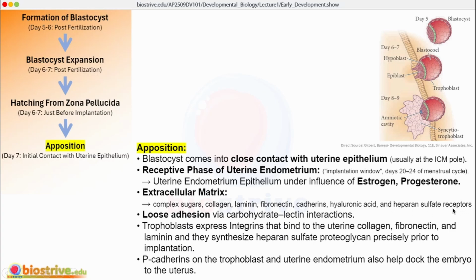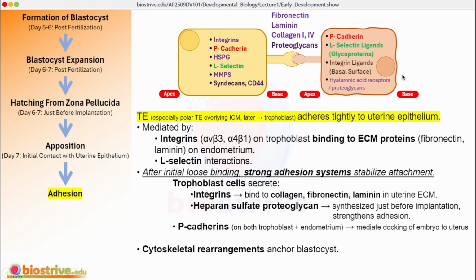All these molecules will help in implantation, because in the receptive phase, the uterine endometrium has prepared itself for implantation. So let's talk about the adhesion phase: what are the specific molecules involved in adhesion of the blastocyst, which leads to implantation into the uterine endometrium.